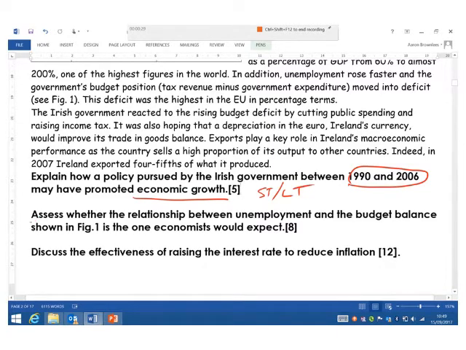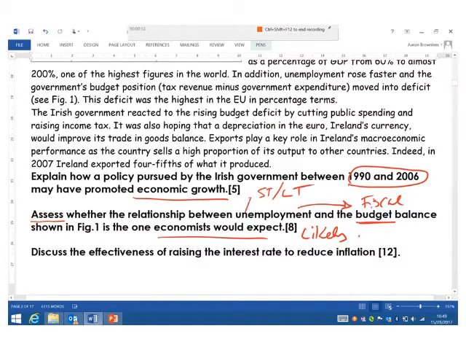Assess. Well, we know that's a two-sided argument. Whether the relationship between unemployment and the budget balance. When it says budget, it's talking about fiscal policy. So the fiscal government budget is one economists would expect. So when it says economists would expect, this is a likely relationship. So we're thinking about the likely relationship.